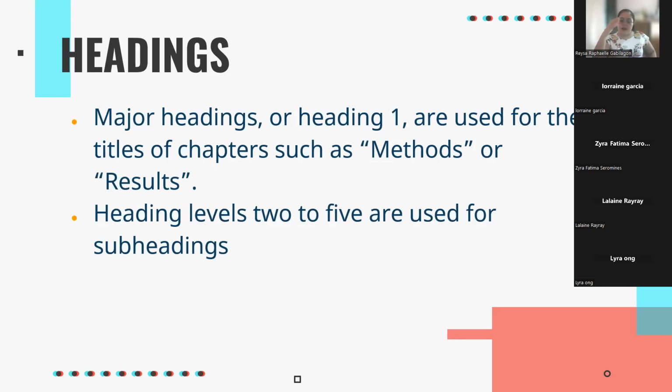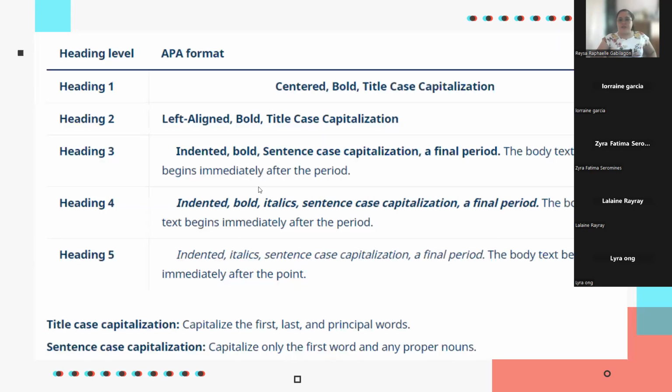All subheadings or succeeding sections of each major headings class will follow either 2 to 5. So ito yung magiging format. Sa heading 1, I'm talking about this, it's the introduction, methodology, results, and discussion. You have to place that in the center, naka-bold, and title case capitalization.